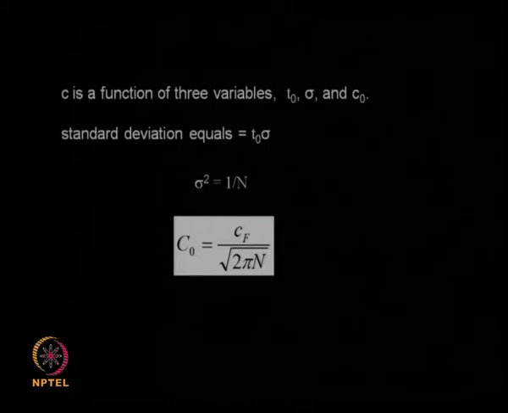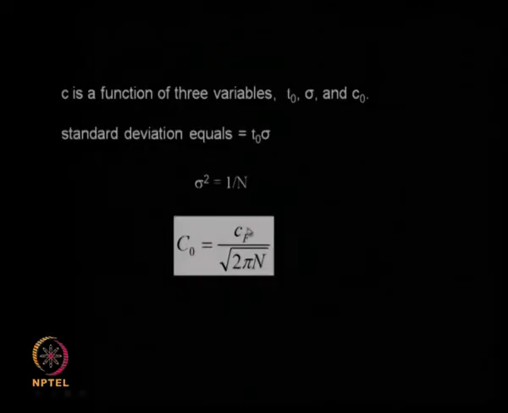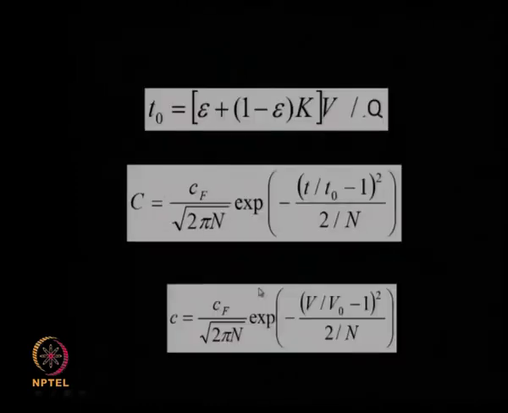So if the Gaussian curve is very sharp, then your number of theoretical plates is going to be very large, and if the Gaussian distribution is very broad, then the number of theoretical plates is less. And then you also have a relationship between C naught and Cf by this equation.